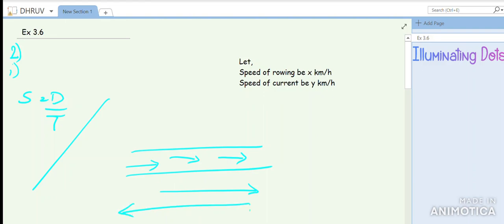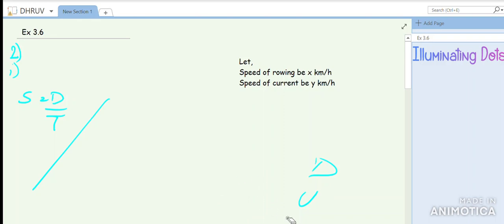So you go with the river, that is downstream, and when you go against the river, that is upstream. We are given that Ritu can row downstream 20 kilometers in 2 hours and upstream 4 kilometers in 2 hours.